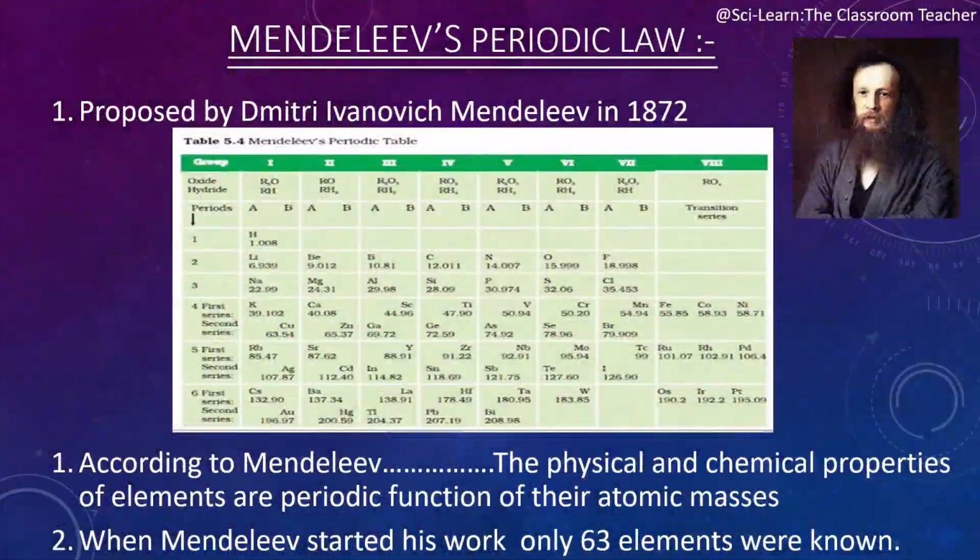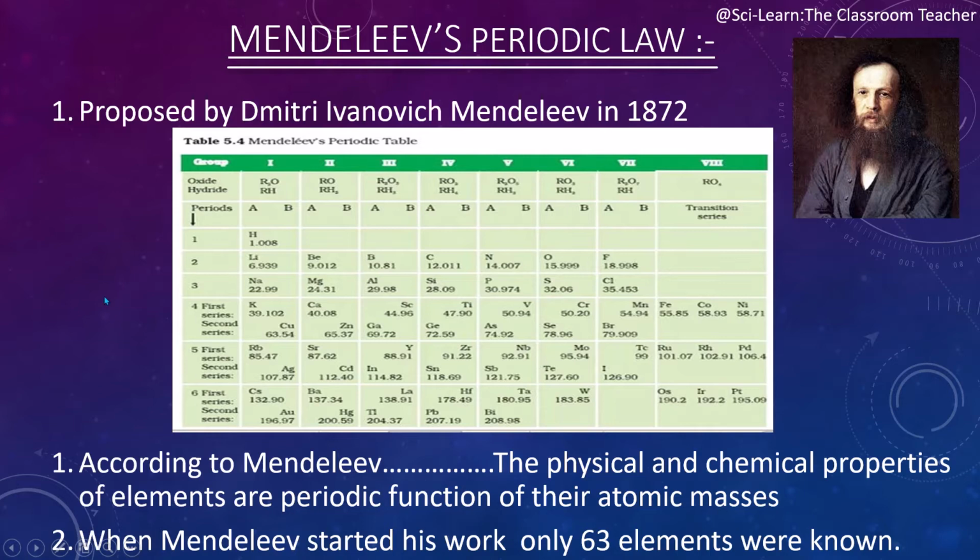After Newland, one remarkable work was performed by Mendeleev, and that is called Mendeleev's periodic table. In the year 1872, Dmitri Ivanovich Mendeleev provided a table that we call Mendeleev's periodic table. Now look here. What is the law for Mendeleev's periodic table? The physical and chemical properties of elements are a periodic function of their atomic masses.